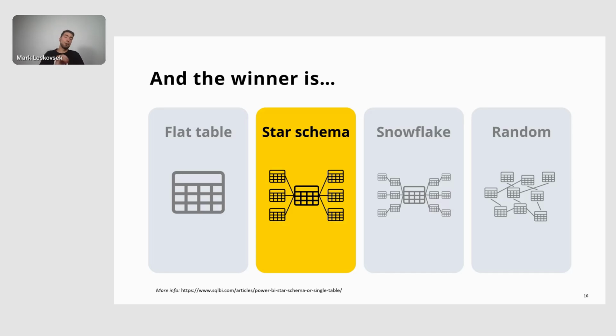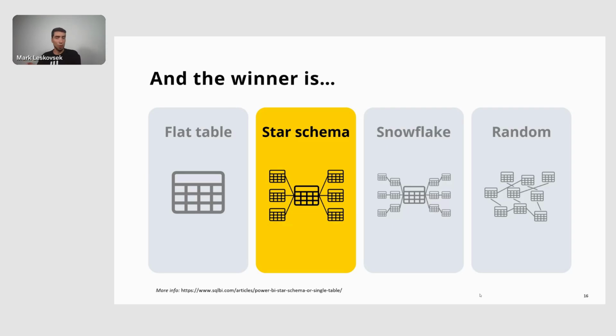And yes, a flat model can be faster with extremely simple queries. There have been some debates in this regard as well. And here's a link to the article that actually compares the two data models, so you can check it out in your own time. But as soon as the queries increase in complexity, the benefits of the flat data model fade away very quickly.